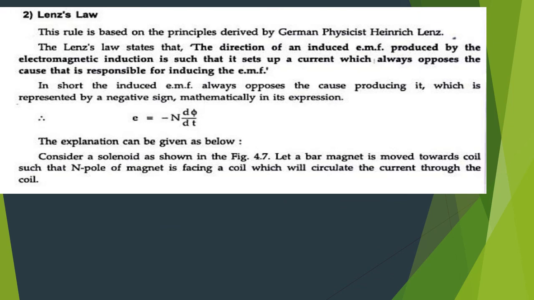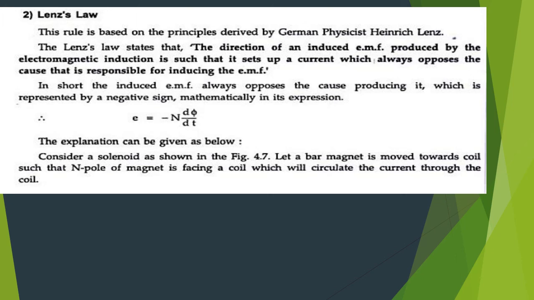Lastly, Lenz's law. Lenz's law gives the direction of induced EMF: the direction of induced EMF produced by electromagnetic induction is such that it sets up a current which always opposes the cause, the reason responsible for inducing the EMF.